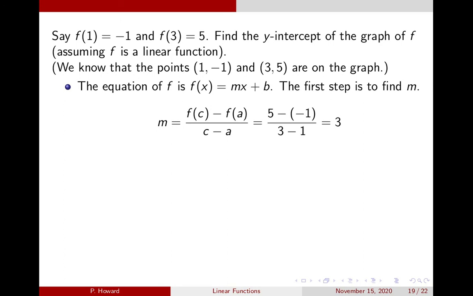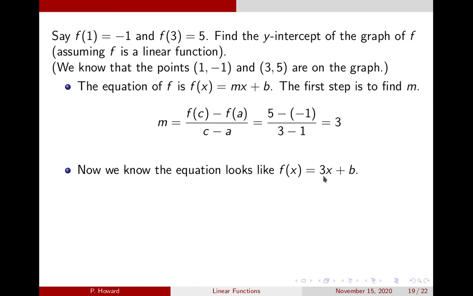So as we did in the previous example, we found the slope knowing the value of f of 1 and f of 3. Now we know what m is. So we know that the equation looks like this. F of x is 3x plus b.